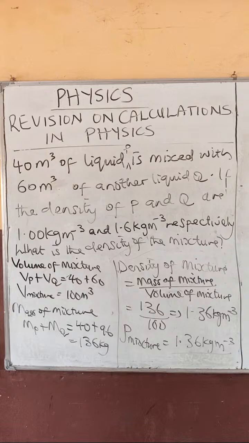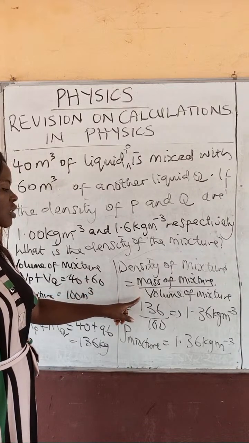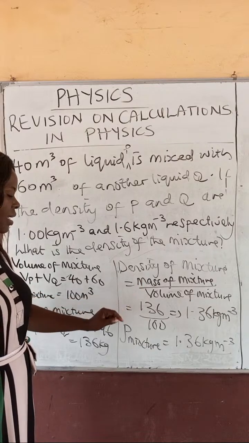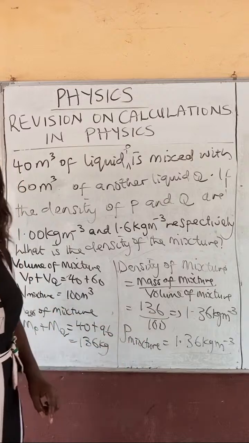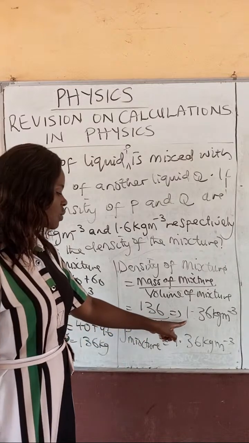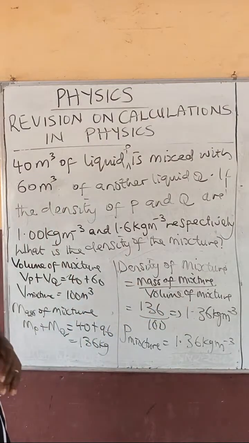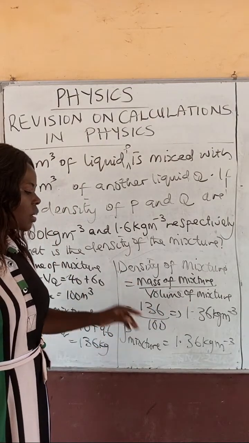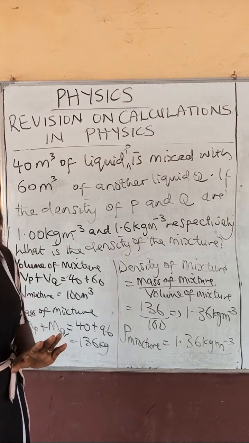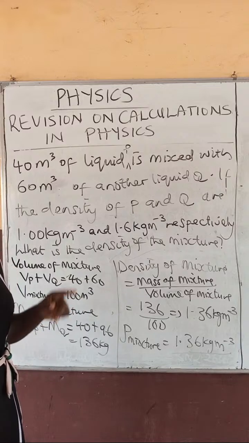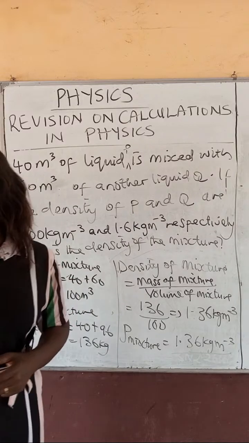Now for me to solve for the density of the mixture, that is the mass of the mixture divided by the volume of the mixture, and this equals 136 divided by 100, which gave us 1.36 kilogram per meter cube. And our answer is 1.36 kilogram per meter cube. I hope you understand. This is actually a JAMB question, and if you see this type of question, this is how you are going to solve it, right?